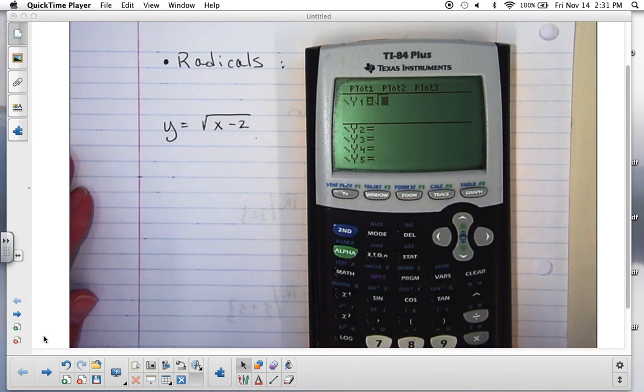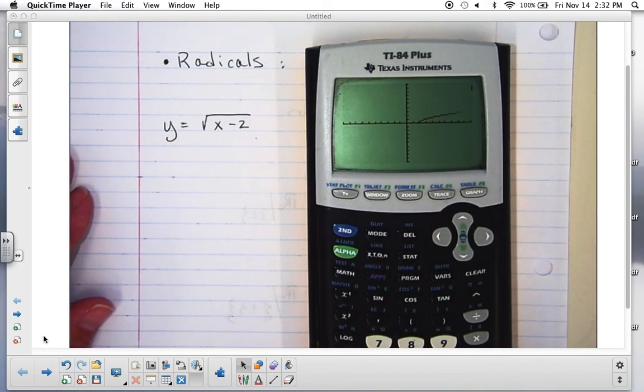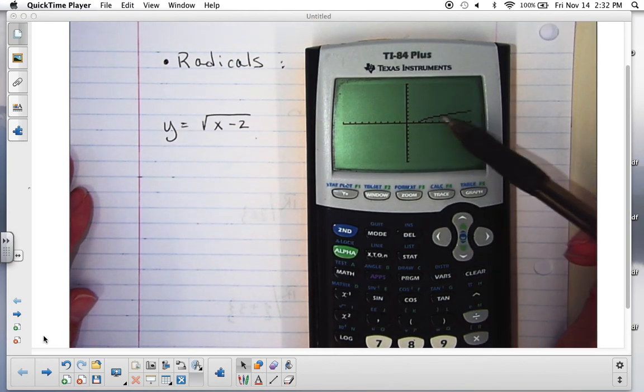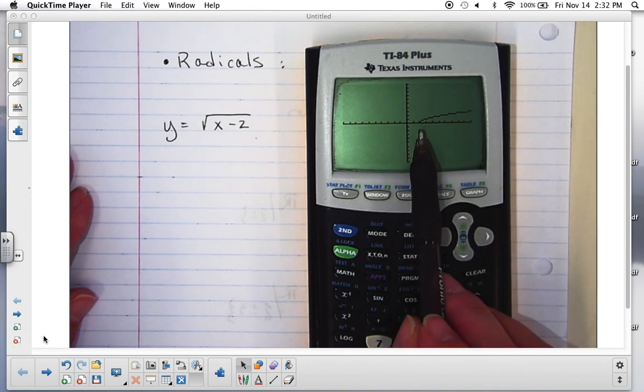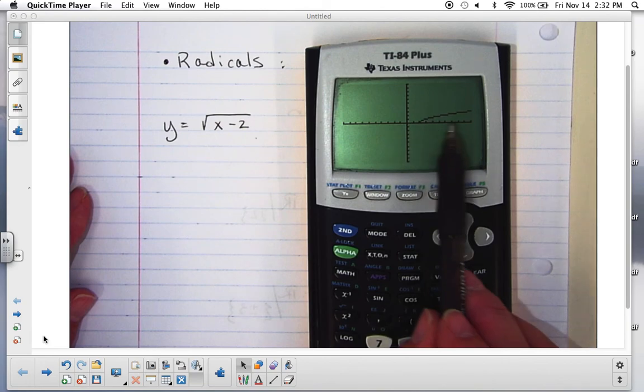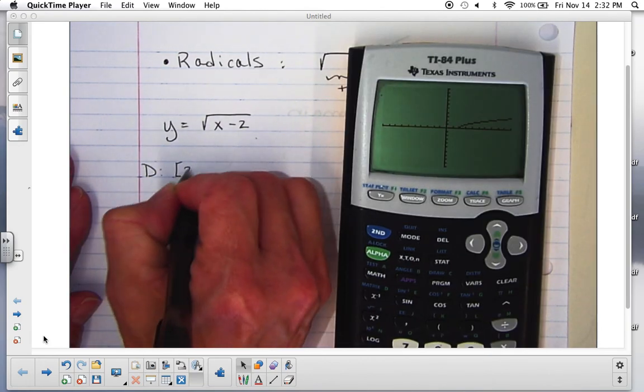So if we do the square root of x minus 2, and just look at the picture, you can see that a radical graph looks kind of like half of a parabola laying sideways. And can you see where this is going from? From 2 to infinity. So you've got a way of writing the domain from 2 to infinity.